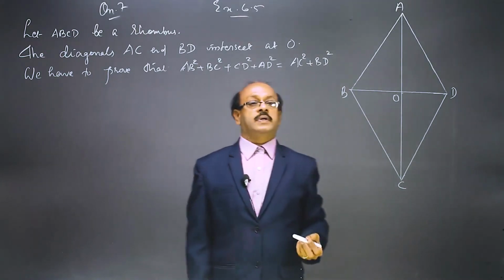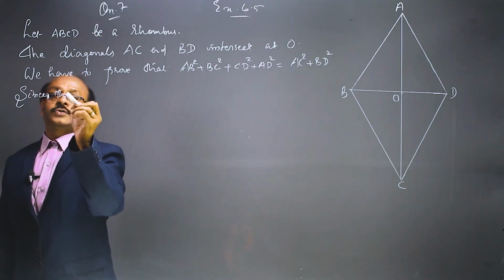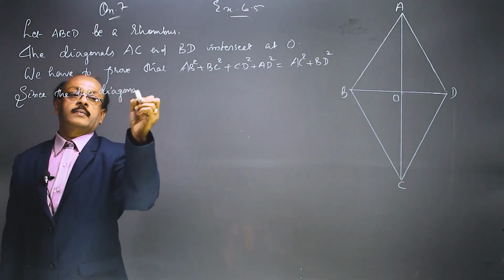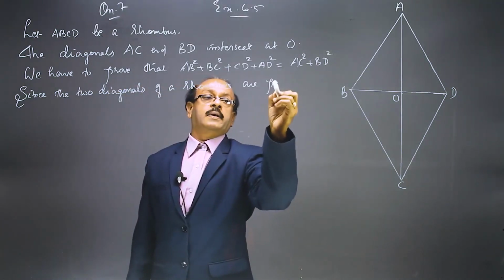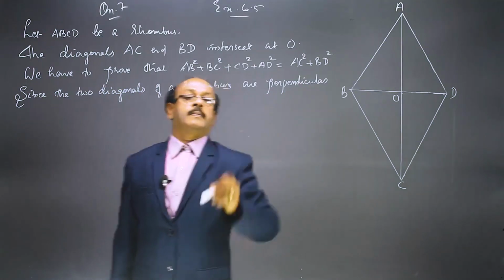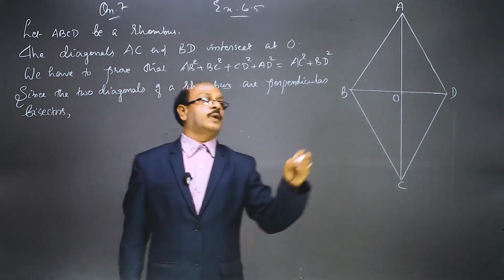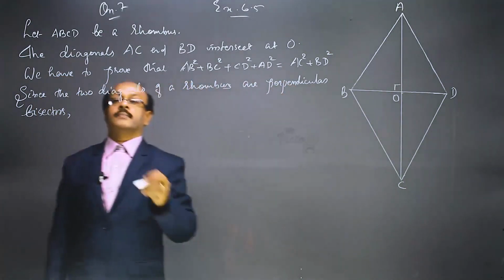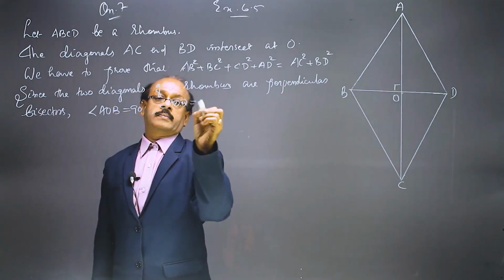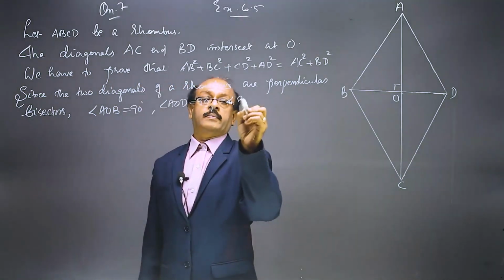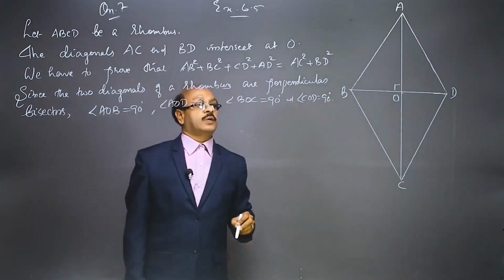For that, remember the property. Since the two diagonals of a rhombus are perpendicular bisectors, angle AOB is equal to 90 degrees, angle AOD is equal to 90 degrees, angle BOC is equal to 90 degrees, and angle COD is also equal to 90 degrees.